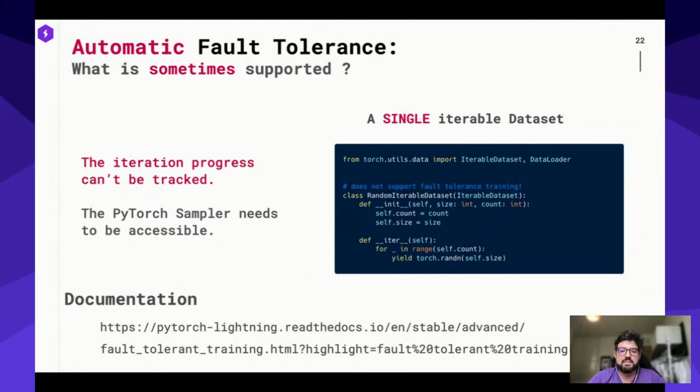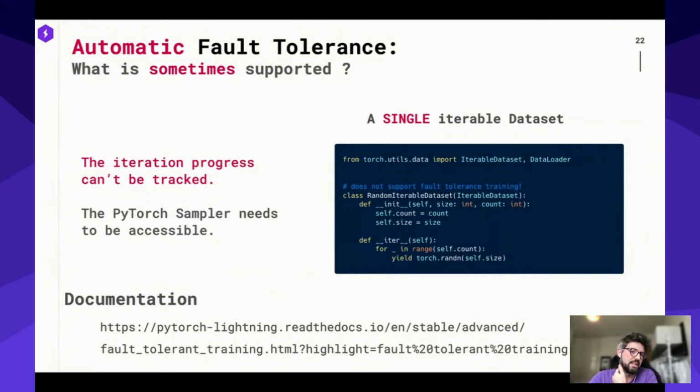In this piece of code, where I have a for loop in range of self count yielding a random tensor, the iteration is encapsulated inside of this function. Lightning can't introspect that and automatically track the progress. If you use a sampler which is accessible from the outside, then Lightning can access it and use it to track the sampling. But otherwise, you will have to rely on the sampler.